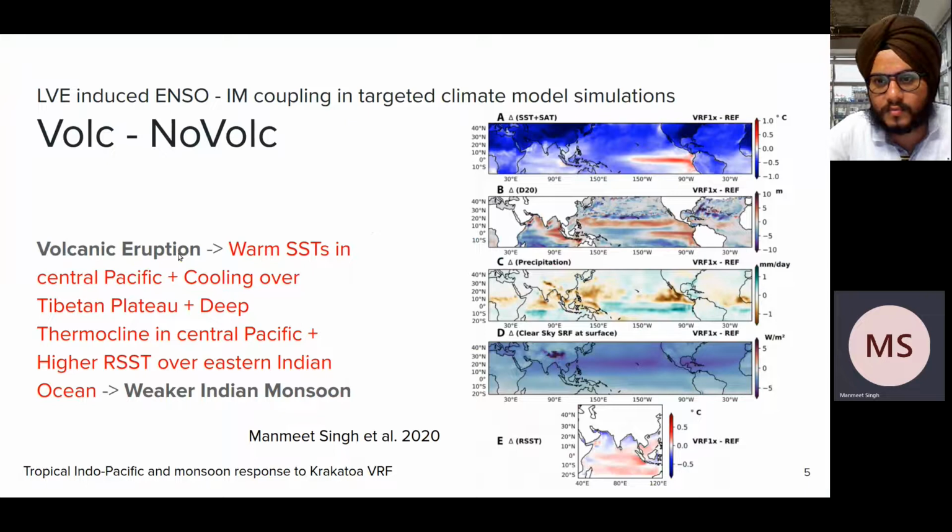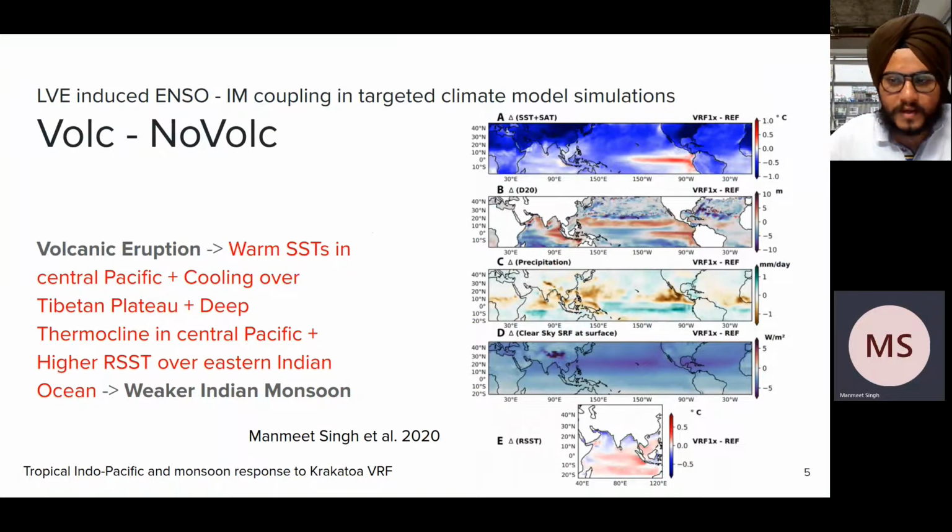Also, the figure is not shown, but a state-of-the-art phase coherence analysis was done to establish the volcanic imprint on the ENSO monsoon coupling, and it was established with the help of robust statistical techniques that because of large volcanic eruptions, there is a coupling between ENSO and the Indian monsoon.